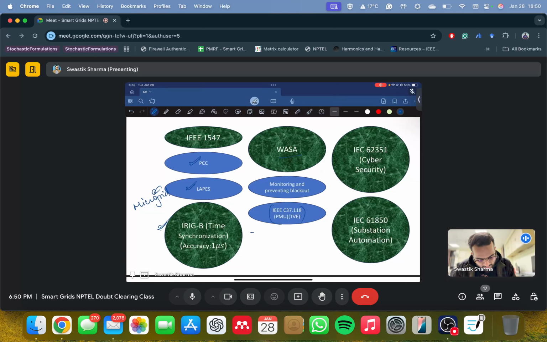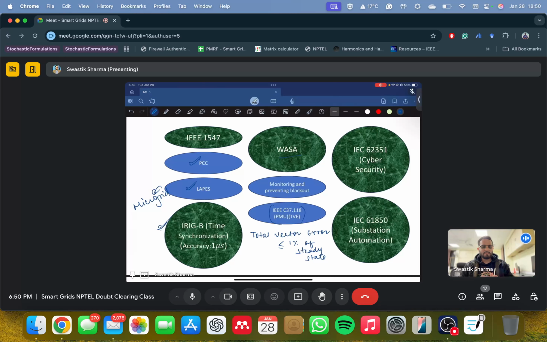So total vector error should be less than 1% of steady state. I'll explain why steady state. These come with a resolution of, let's say, microseconds, so you have 1 millisecond or 2 milliseconds, all of this information is getting transmitted to you.